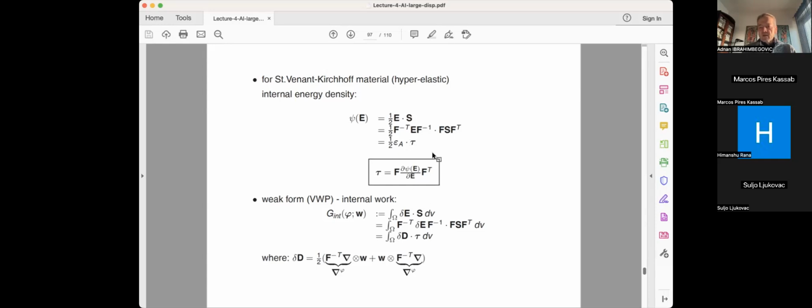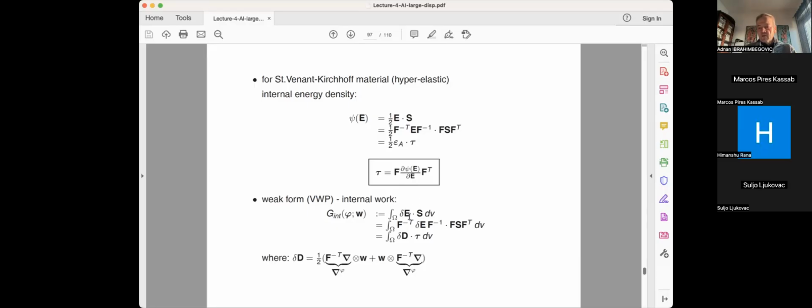So given this internal energy as a potential in terms of the Green-Lagrange strain, I can obtain the corresponding Kirchhoff stress by computing the derivative with respect to the Green-Lagrange strain, and then multiplying on the left with F and on the right with F transpose to get the corresponding value of my stress.